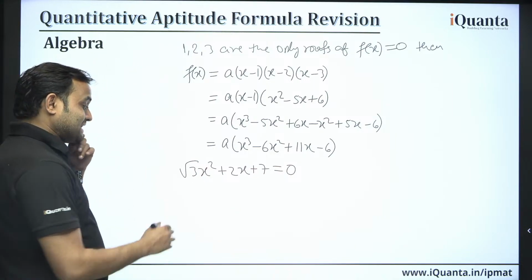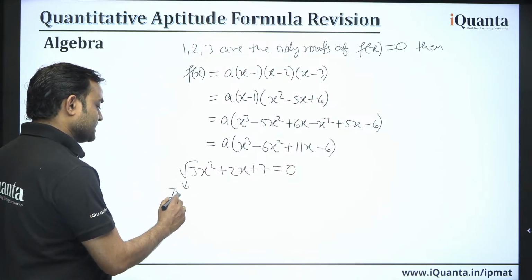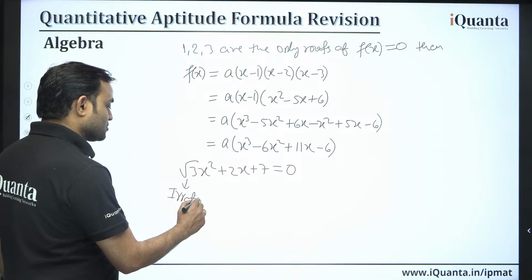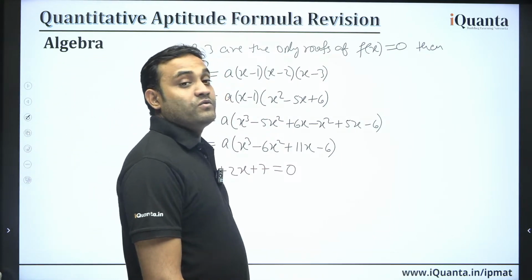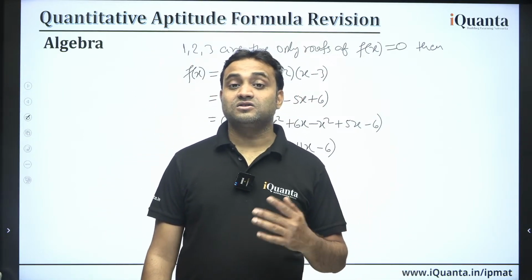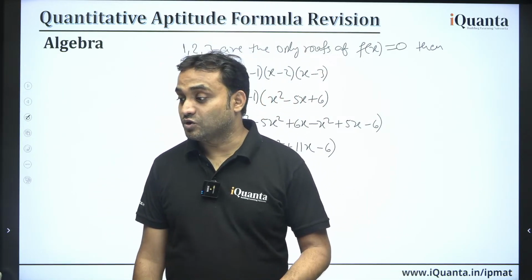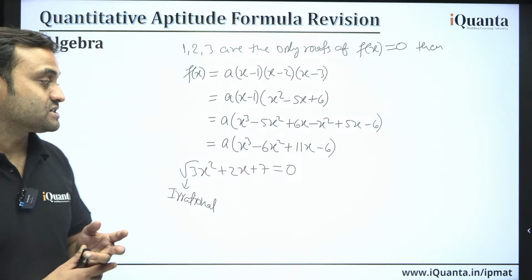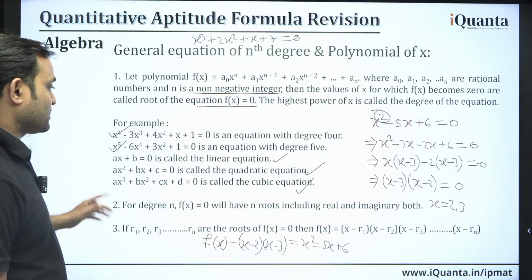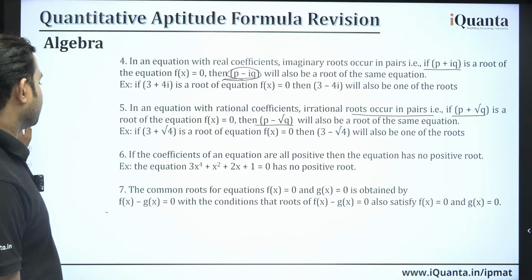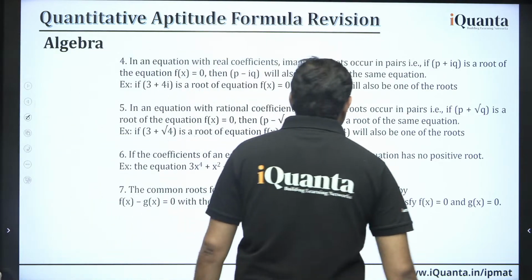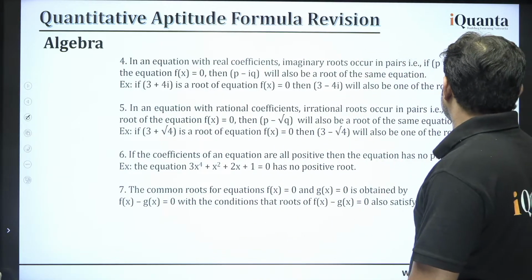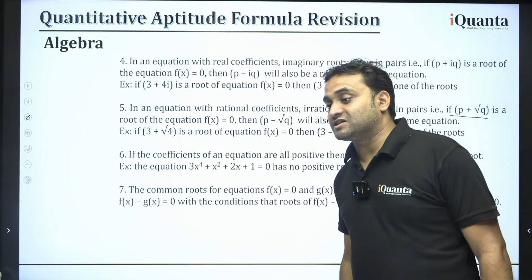Not like this, this coefficient is irrational, so we are not talking about these types of equations. We are talking about equations where all the coefficients are rational. It could be fractions or integers, but they should be rational. And in those cases, if one of the irrational roots is p plus root q, the other will be p minus root q, okay.